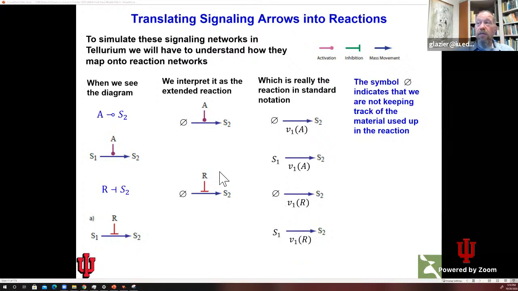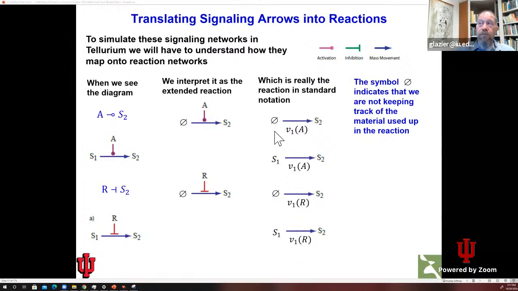So if I see the diagram A promotes S2 like that, I have to interpret that as a chemical reaction, which is nothing is producing S2, and A is regulating the arrow, activating the arrow that goes from nothing to S2.